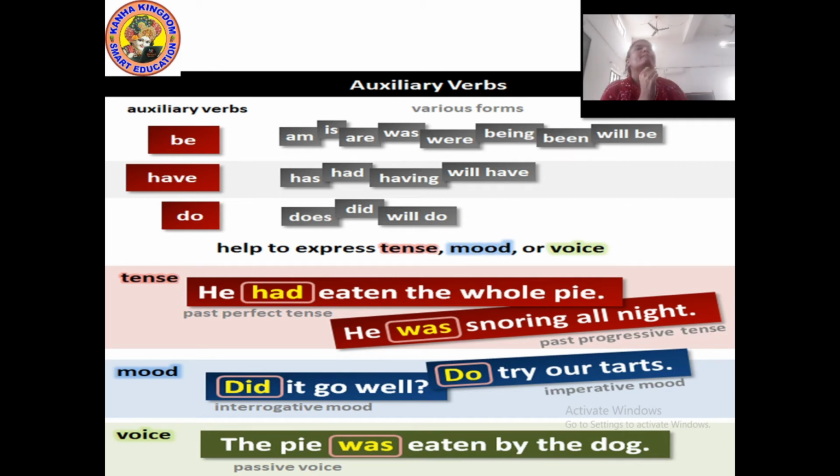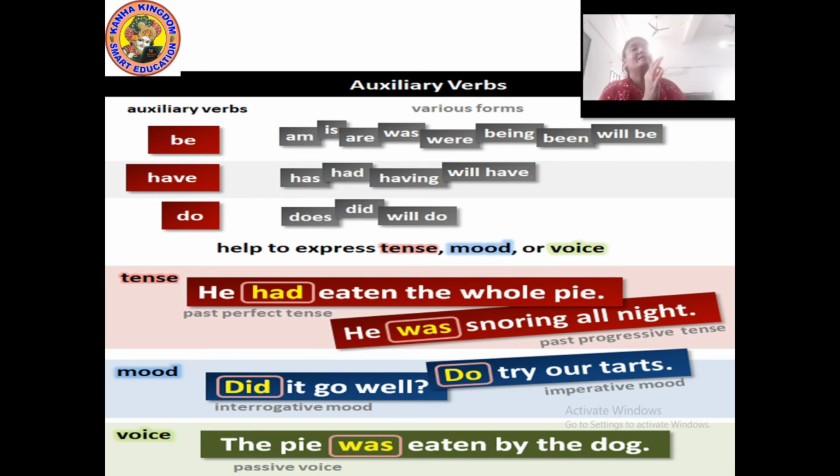Okay? If the auxiliary verbs express tense forms, then how could we know that? He had eaten the whole pie. Here the auxiliary verb is had, the main verb is eaten, the past participle form of the verb, the third form of the verb, is being used here.